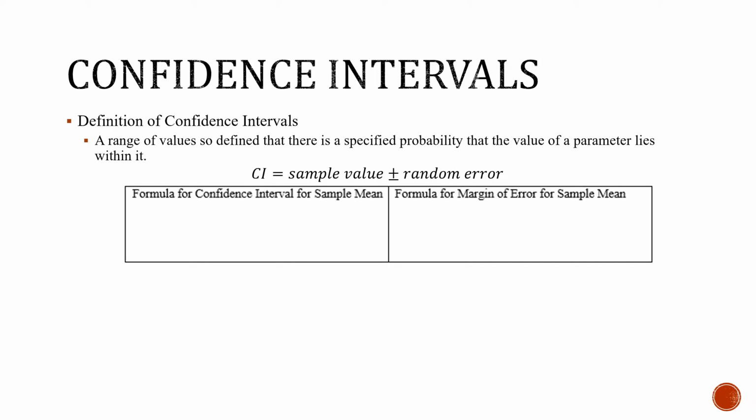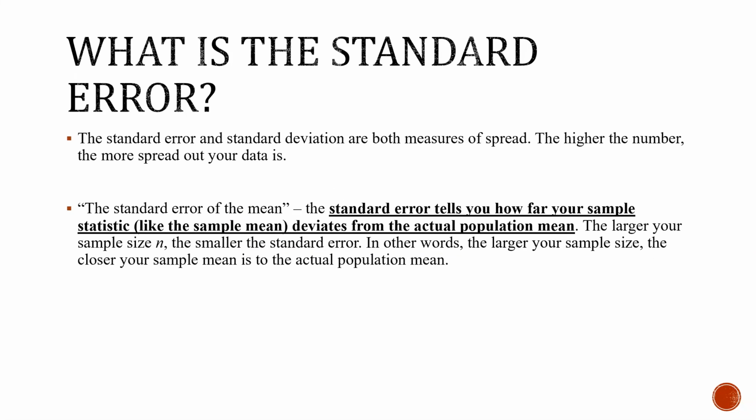Our formula for confidence intervals for a sample mean would be the following: x bar plus or minus z crit times s divided by the square root of n. This is essentially just the random error. What is the standard error? So the standard error would be sigma divided by the square root of n, or s divided by the square root of n.